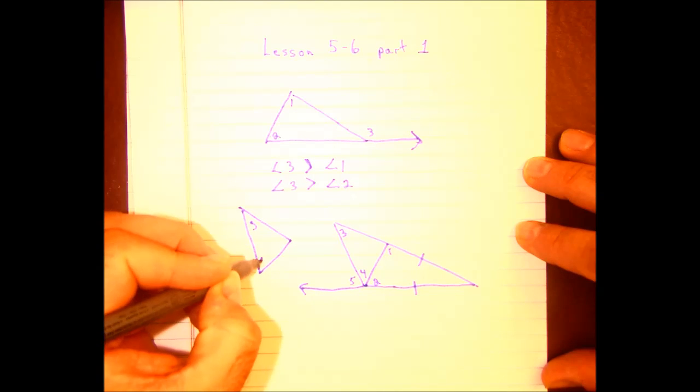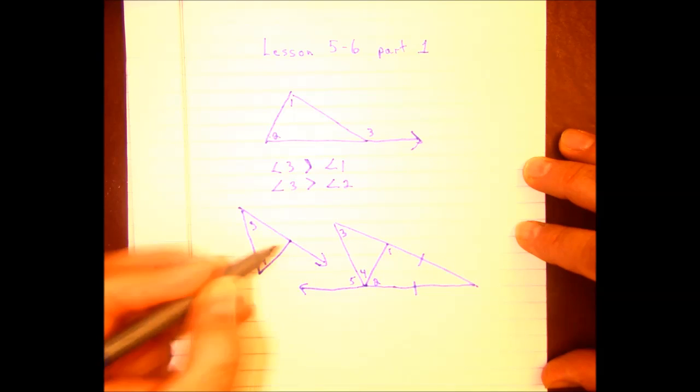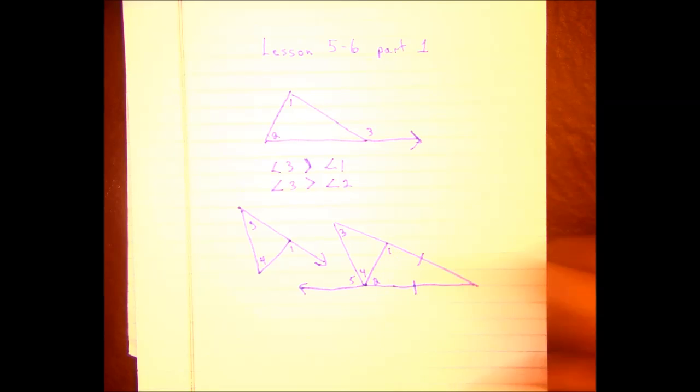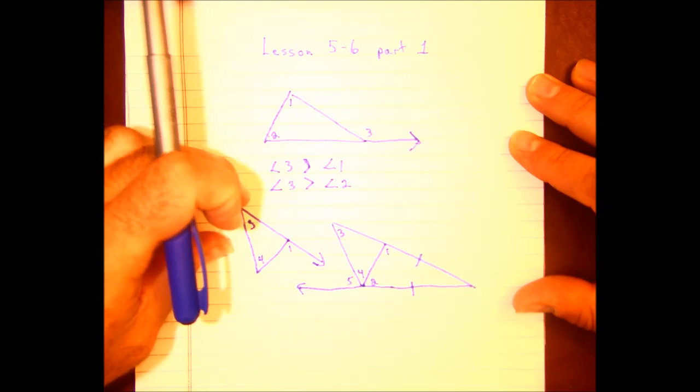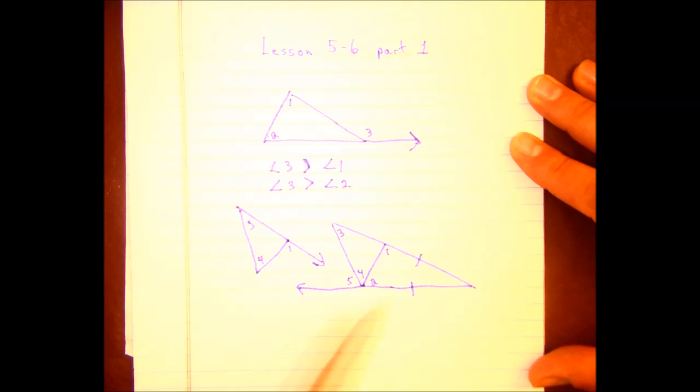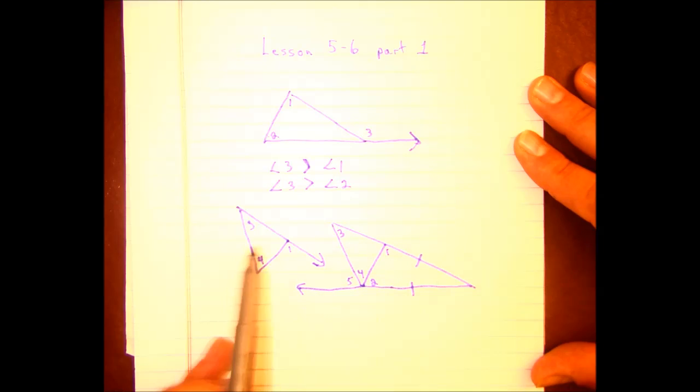There's 3, there's 4, and 1 is an extension of a side. See how I tore that apart? I just kind of took it, dragged it over. See, 1 is an exterior angle to this triangle, not to the whole thing, but to this one.